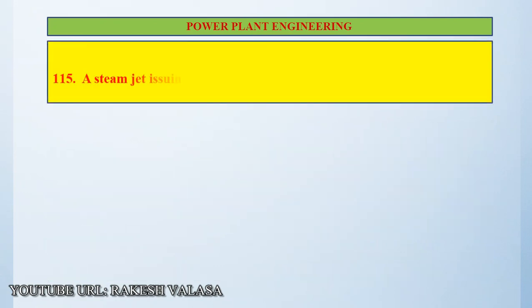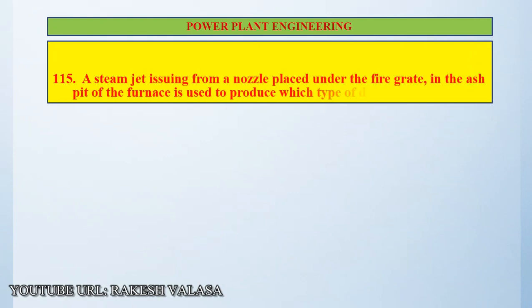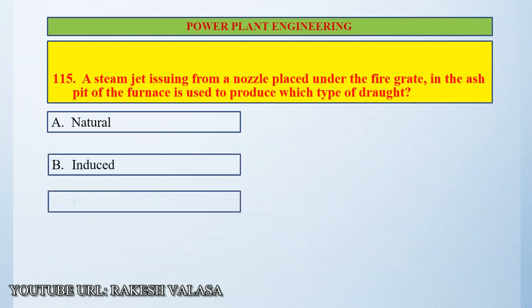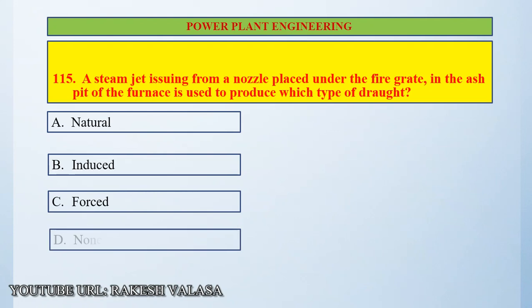Question number 115. A steam jet issuing from a nozzle placed under the fire grate in the ash pit of the furnace is used to produce which type of draught? Option A natural, option B induced, option C forced, option D none of the options.